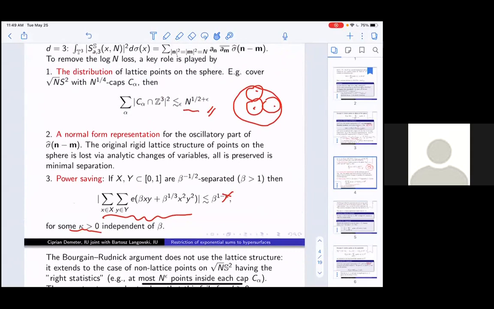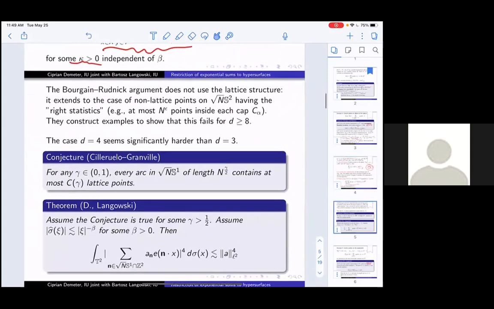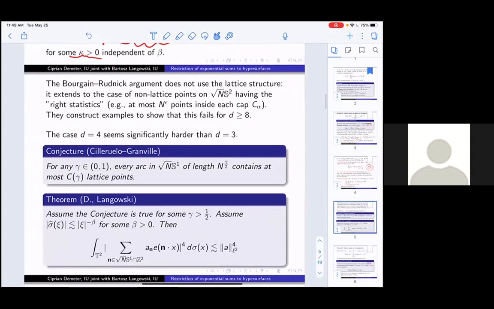In higher dimensions, you have to keep much better track of the saving, because in the end, you're not trying to remove a log of n, you're going to try to remove a power of n from the loss that comes by only using the decay of the Fourier transform as opposed to the decay and the oscillation. Right, so questions before I move on.